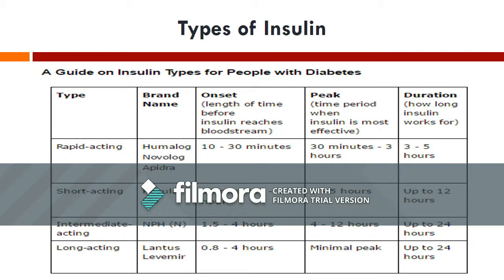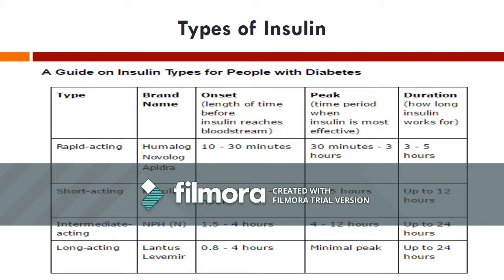The peak time is between 30 minutes and 3 hours, and the duration, how long the insulin works for, is 3 to 5 hours. The short acting, the name is like regular. We can see a lot of the short acting.